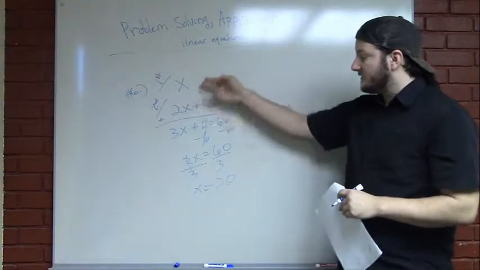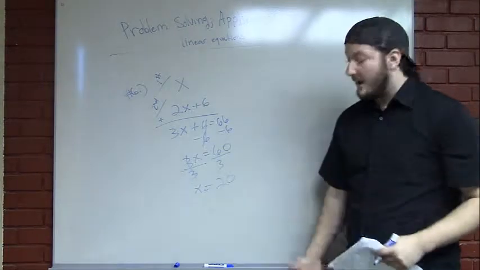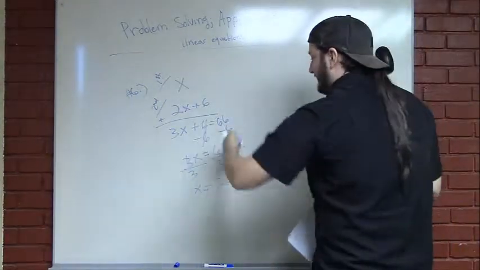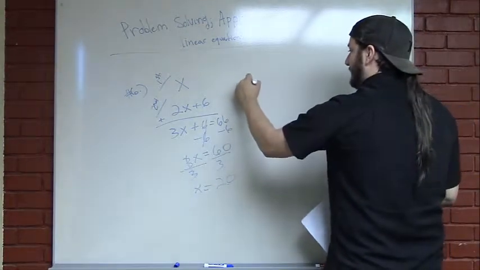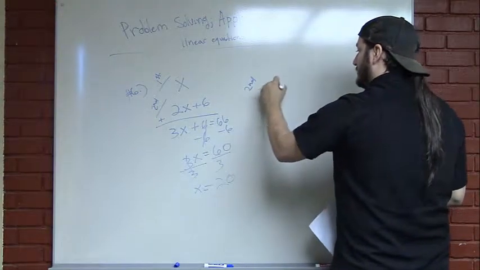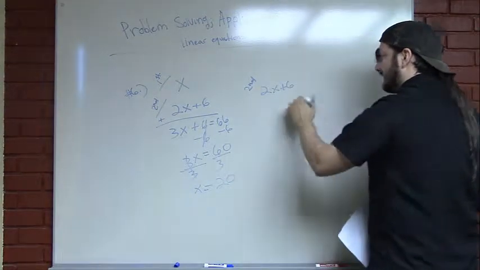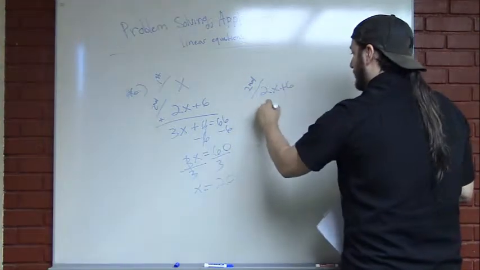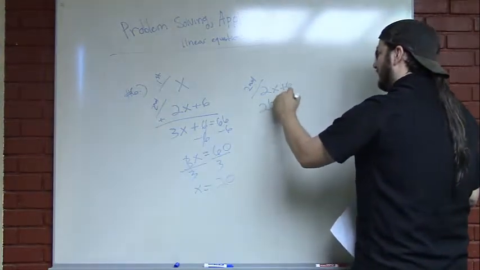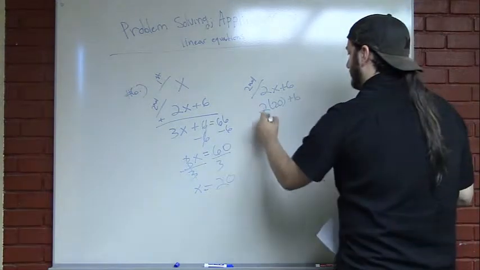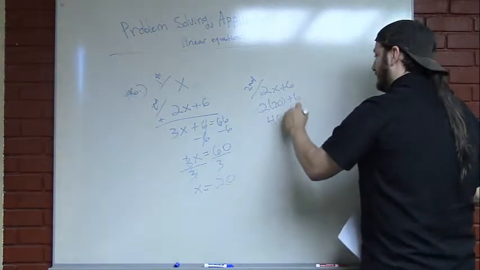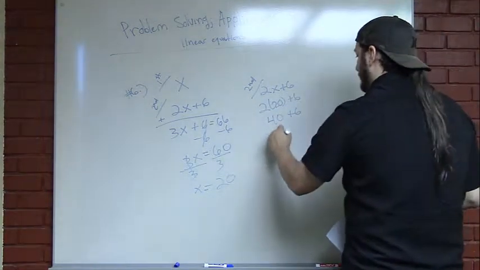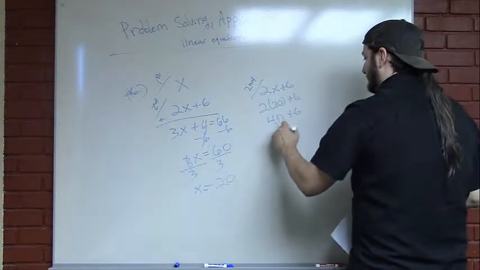So we know our first number is 20. Now we just have to find our second number. The second number is 2x plus 6, so you just plug in the x you found. 2 times 20 plus 6, 2 times 20 is 40, plus our 6 here, 40 plus 6 is 46.